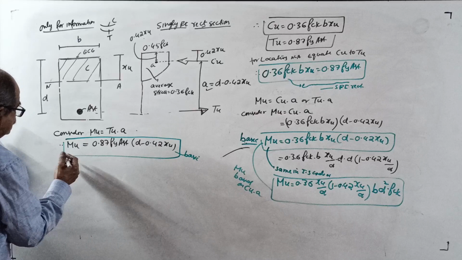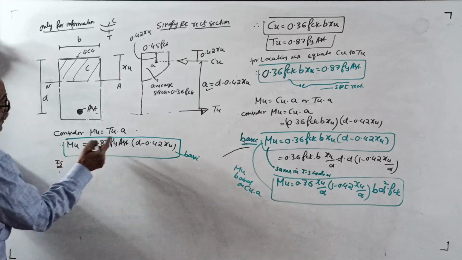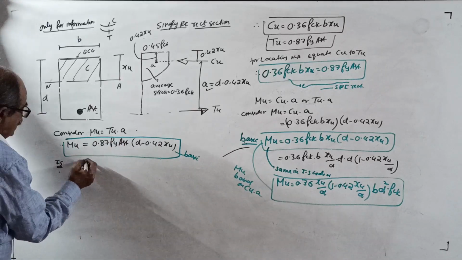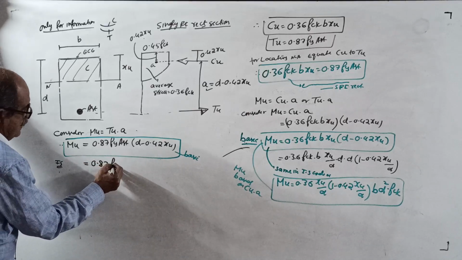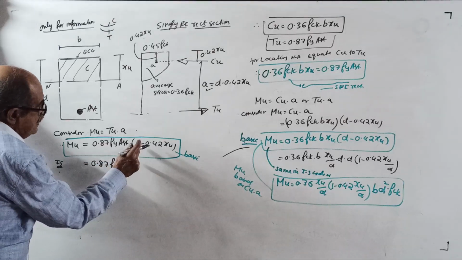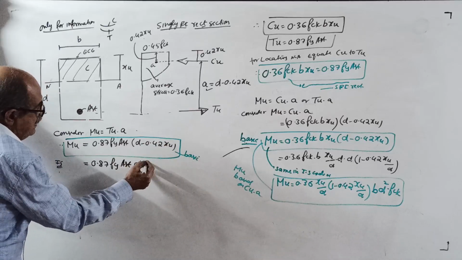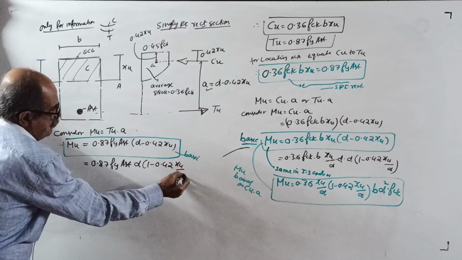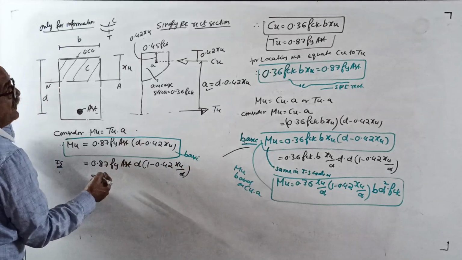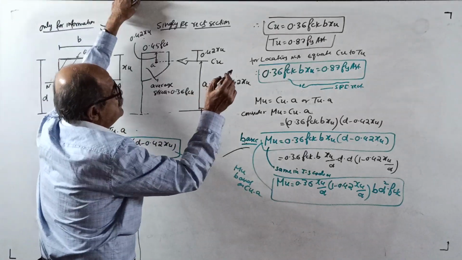Now, the IS code version. Once again, they take d outside: 0.87 fy Ast into d into 1 minus 0.42 xu by d. Now xu by d is here.